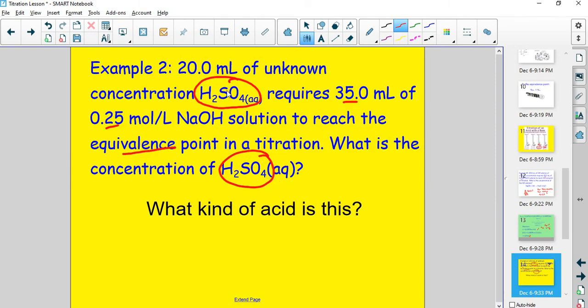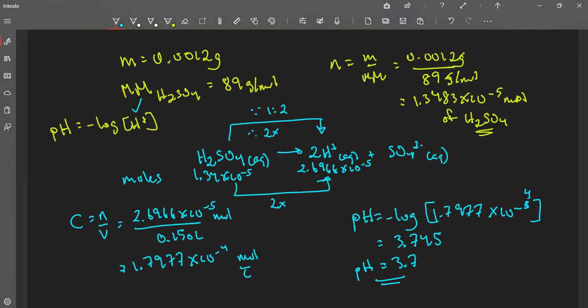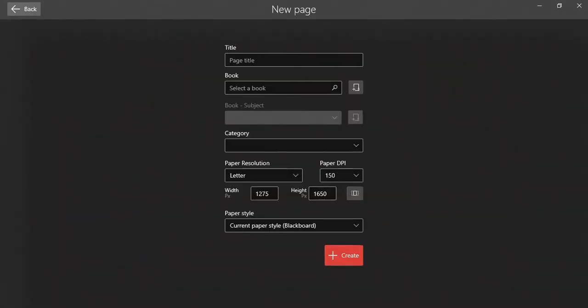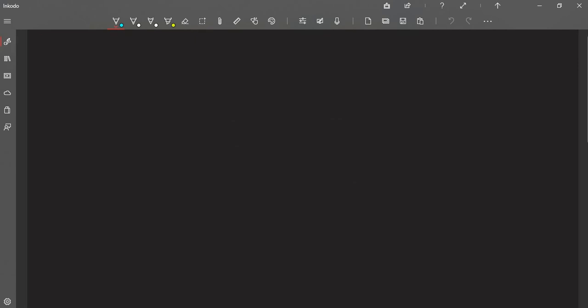But this is different. This is no longer HCl, that initial monoprotic acid. This is a diprotic acid, H2SO4. So let's go back and make a new page here. Okay, let's go ahead and solve for this. Even if you know what to do, it's always important to find the number of moles.